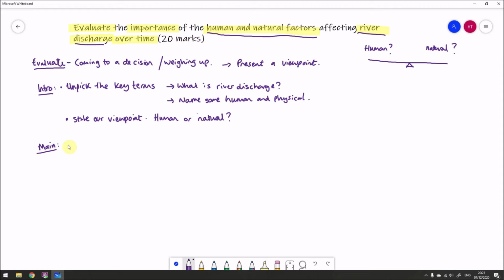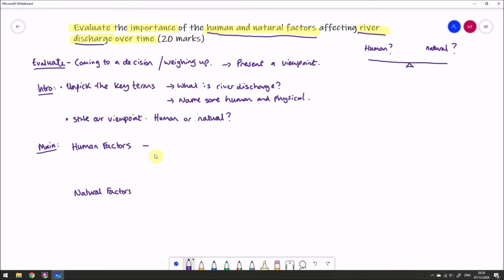So probably a logical way to structure this response would be to have a section on human factors and then follow that with a section on natural factors. Okay. Within these sections, you want to think about outlining not just which factors can have an influence, but you want to explain the influence that they have, and you want to try and support that with some evidence as well.